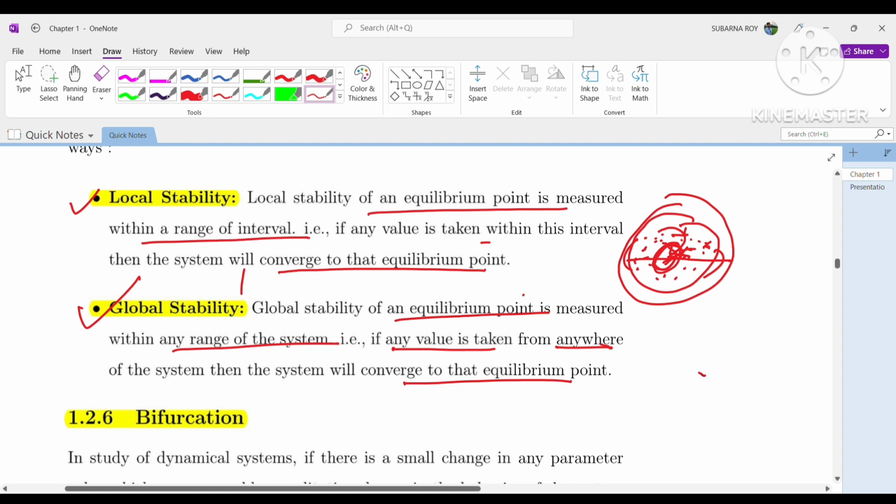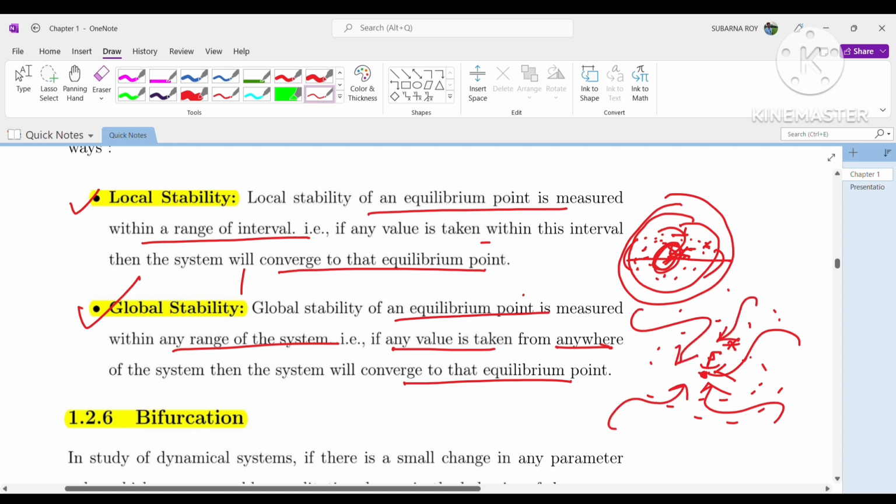So if we choose the equilibrium point E star, and if we draw solution trajectories from anywhere in the region of the solution space, then the solution trajectory converges to this equilibrium point. From anywhere, if we choose an initial condition, that is (x0, y0), the solution trajectory converges to this equilibrium point. Then we call this equilibrium point globally stable.